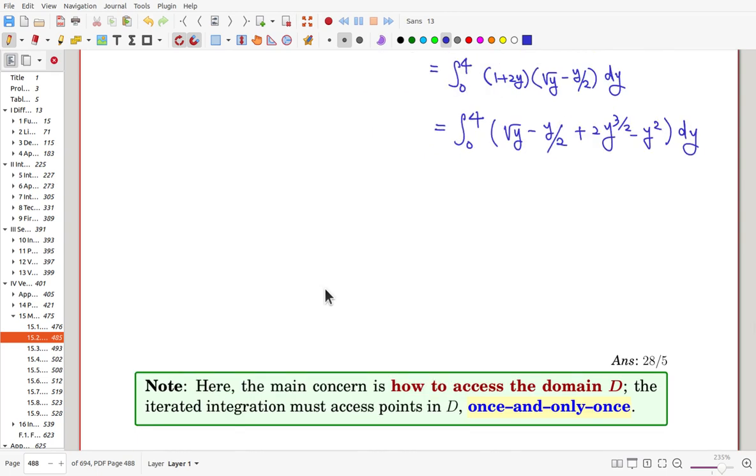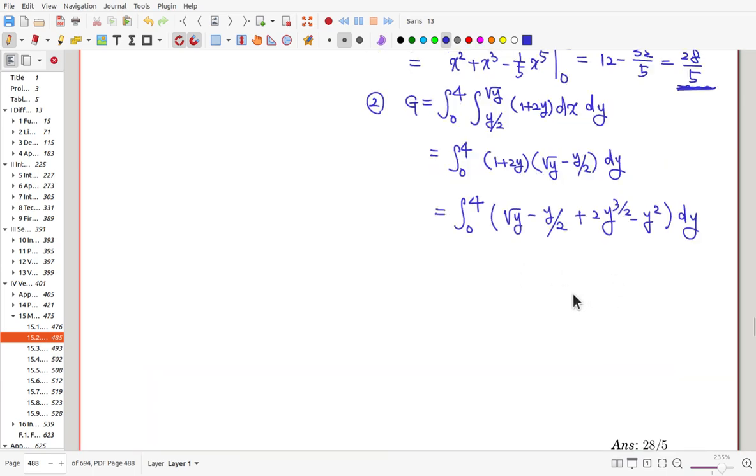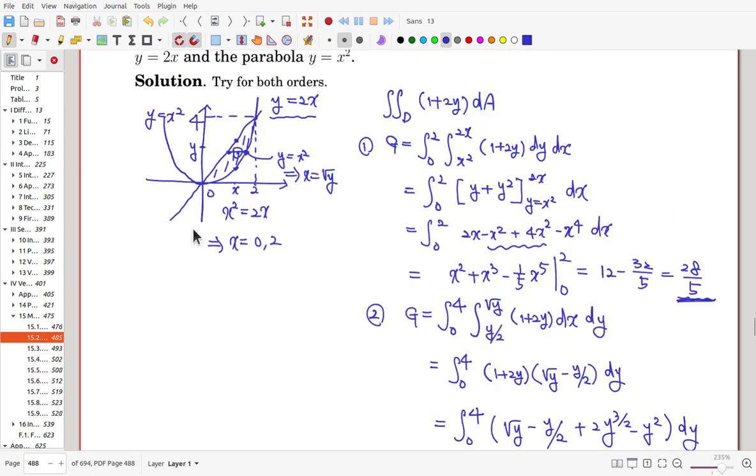Here, the main concern is how to access the domain D. The iterated integration must access the points in D once and only once. If you try to access vertically, then x is moving from here to there, and for each x, bottom y and top y. So in the vertical way, you are accessing the domain like that.